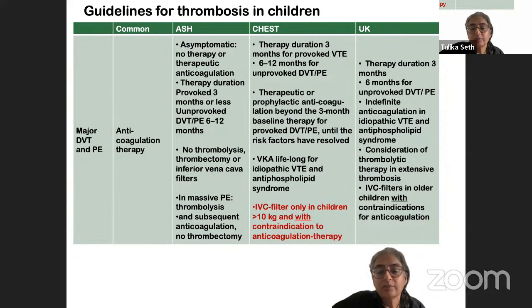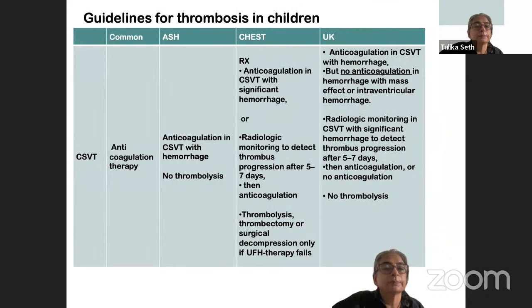So in general, we've moved away from using IVC filters. And the reason for that is because once you put in an IVC filter, you then need to remove it. And if it's not removed within a few weeks, then it is difficult to remove and you may end up having to give anticoagulation to prevent thrombosis at the site of the filter because you can't remove it. So the UK guidelines are similar to the CHEST guidelines for the major DVT and pulmonary embolism.